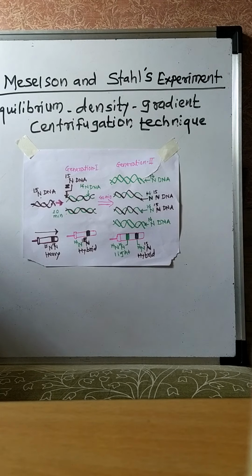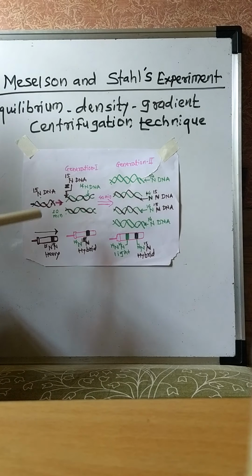The density gradient value of 6 molar CsCl and N15 DNA is almost the same, and therefore at the equilibrium point this N15 DNA forms a band. In this case both strands of DNA are labeled, that means both DNA strands have the heavy radioactive isotope of nitrogen, N15.